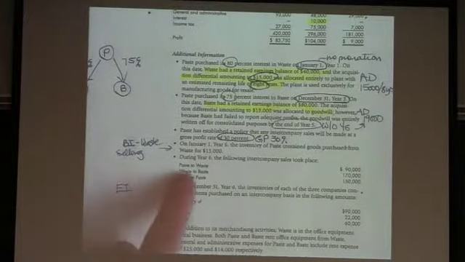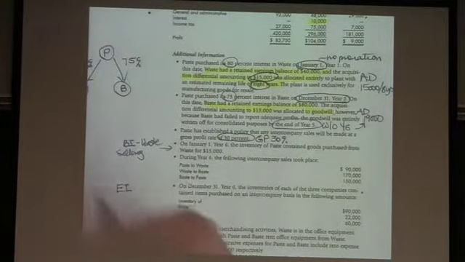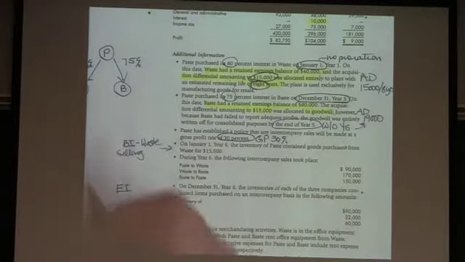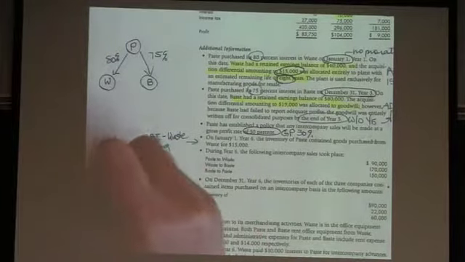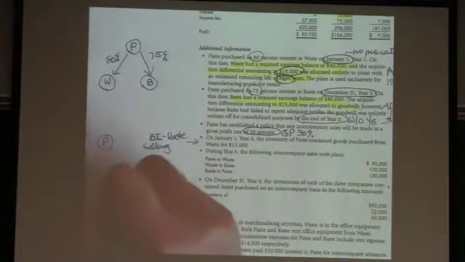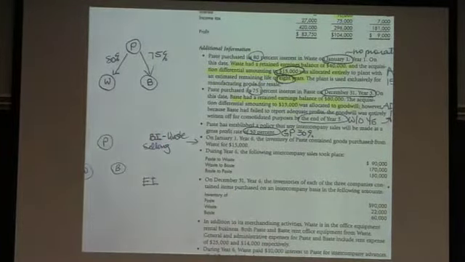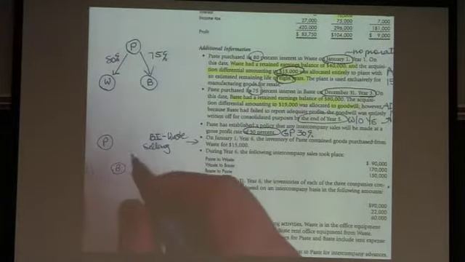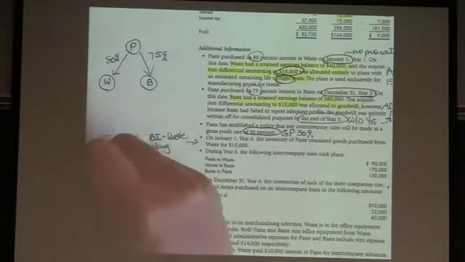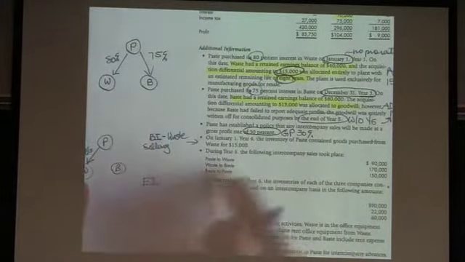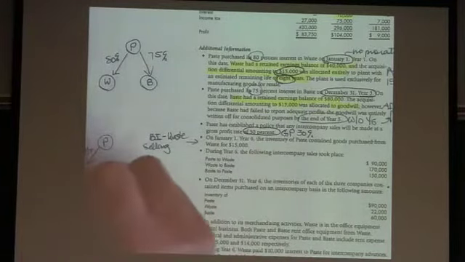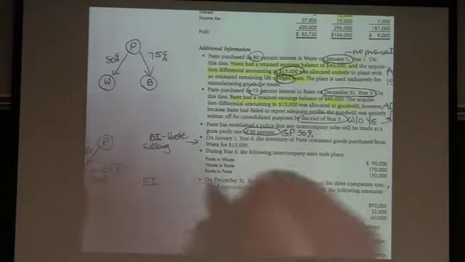If I draw the diagram, over on this side, P, I've got W and B. And what I'm told is that sales took place P to W. So P sells to W. And it says W to B. So that's the relationship.